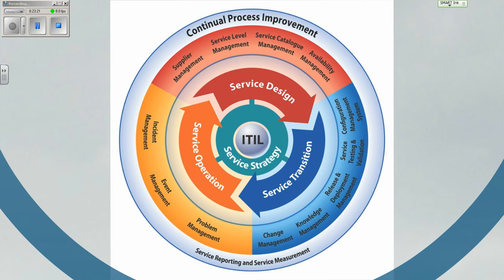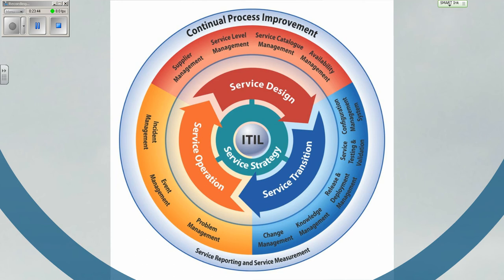So the idea is that you have the way that you currently do things, your service strategy. This is how you've decided how you currently run your IT department, the systems that you currently have, the procedures that you currently have in place, and you listen to your customers.